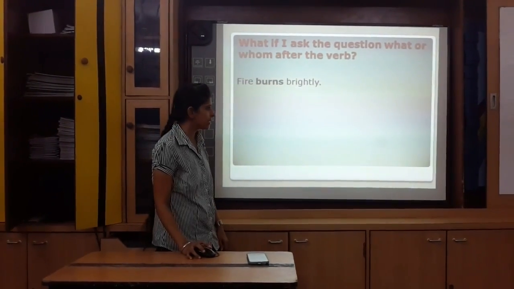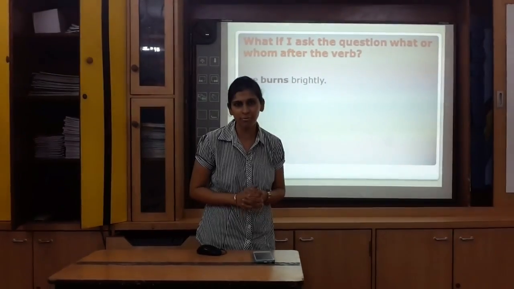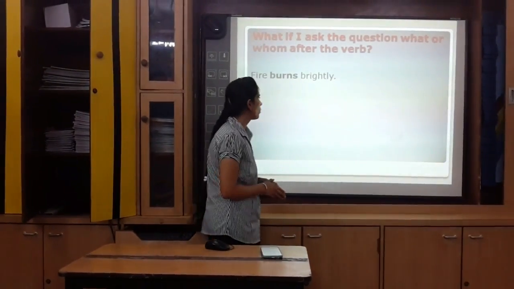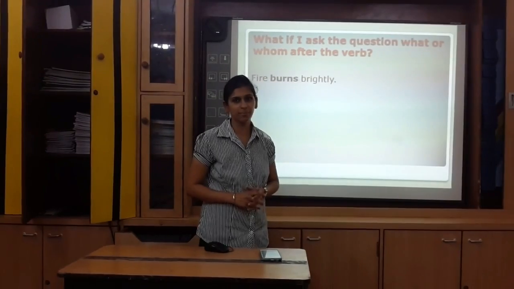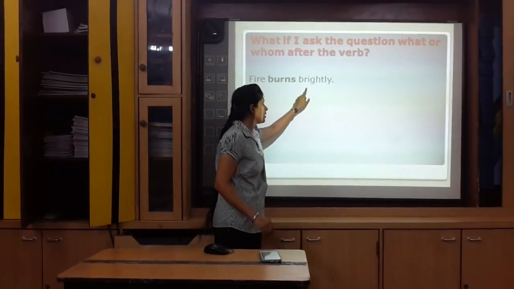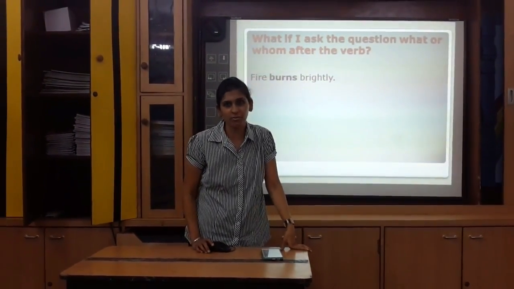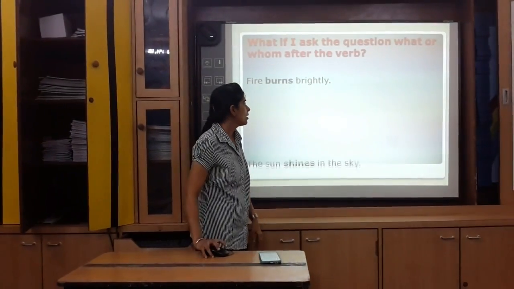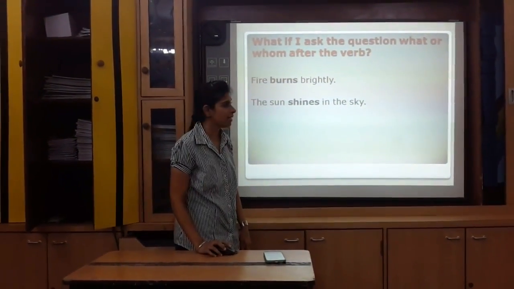Fire burns brightly. If I ask the question what or whom after the verb, let me see whether there is an object after it or not. Fire burns what? There is no answer. Fire burns whom? Still there is no answer. That means the word brightly is not the object of the verb, but it is simply adding meaning to your sentence.